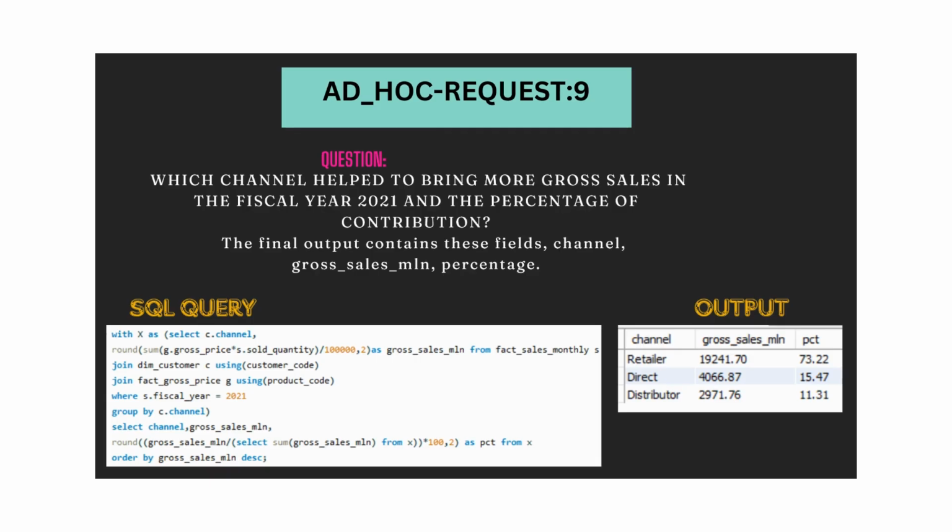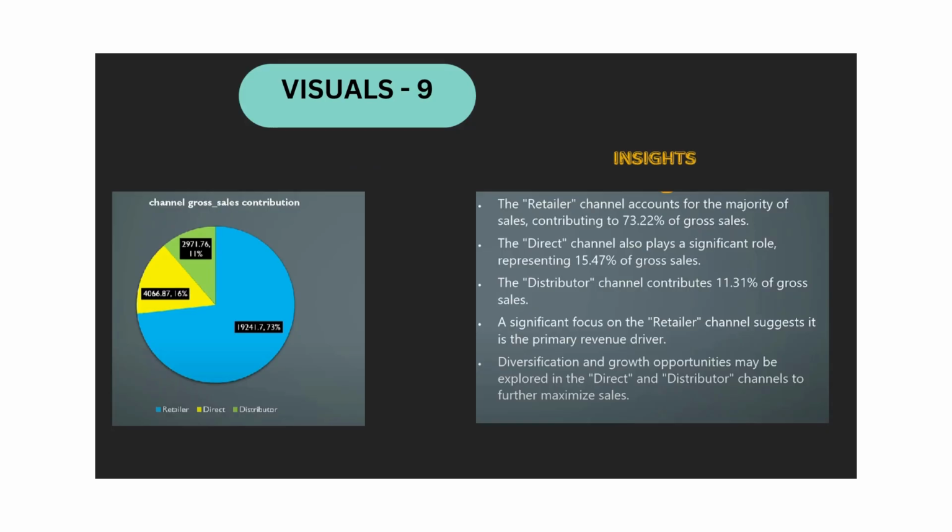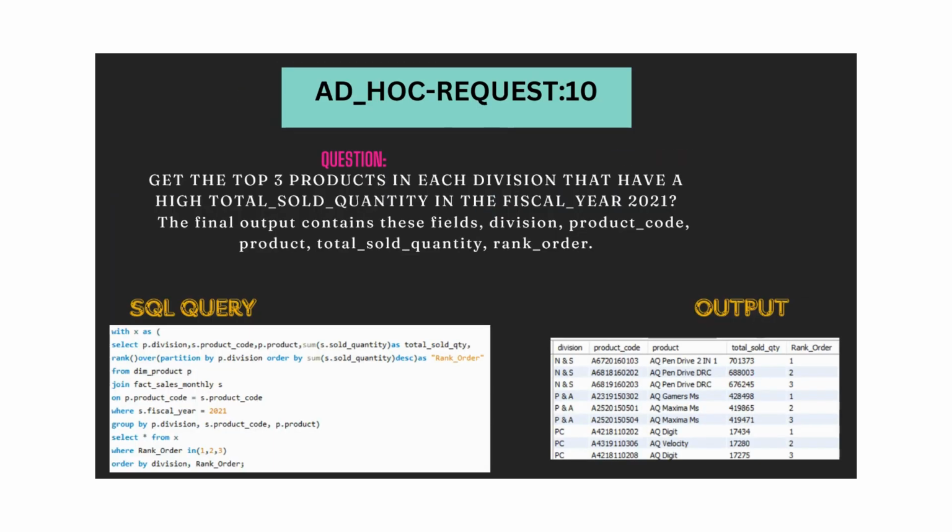These are the channels. And the visualization says the retailer channel accounts for the majority of sales, contributing 73.22% of gross sales. The direct channel also plays a significant role with 15.47% of the gross sales, and the distributor channel contributes 11.31% of gross sales. Okay, so this is all about it.